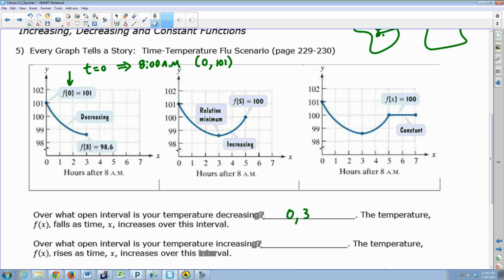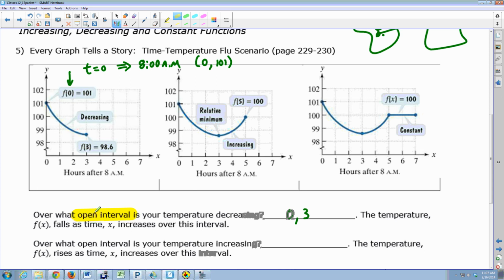Now here's the key for our particular text. Our text and the text that I used prior to this had a different story. They didn't do it this way, but for our text, when they define intervals where your function's increasing, decreasing, or constant, it's always going to be an open interval. That's the key. That's where you want to put your little star or underline in your notes.